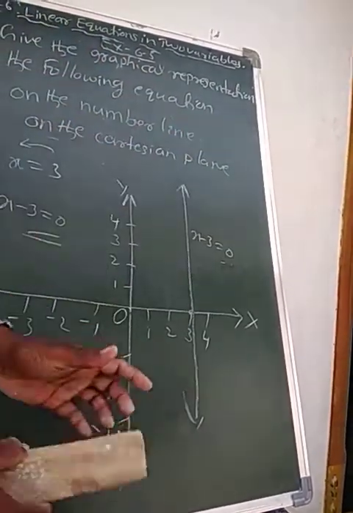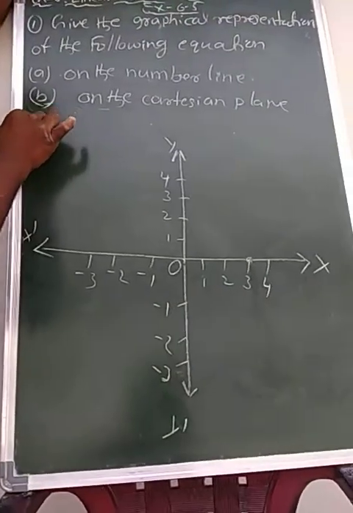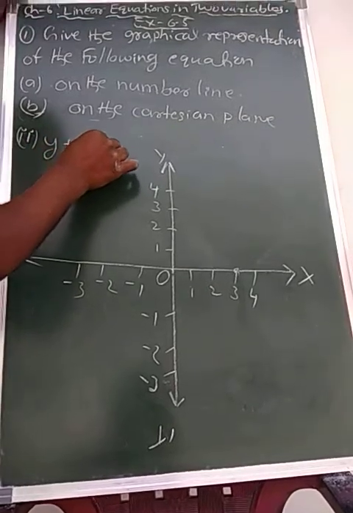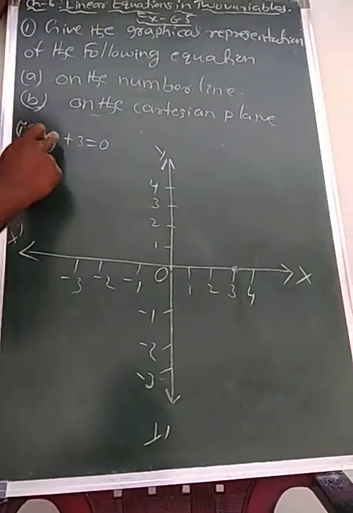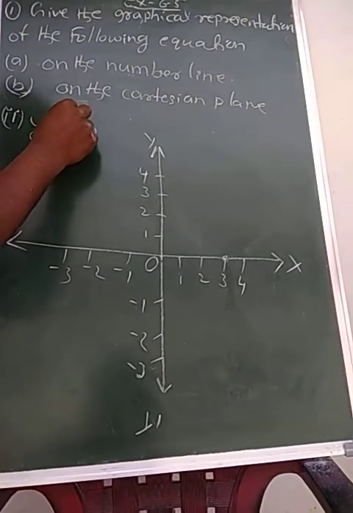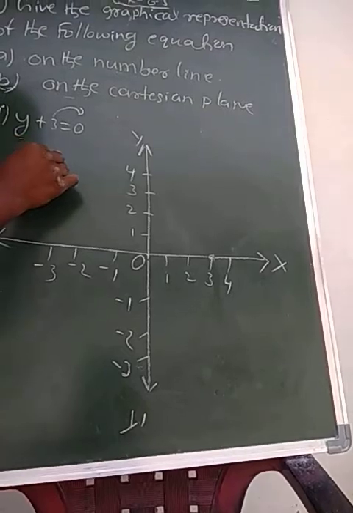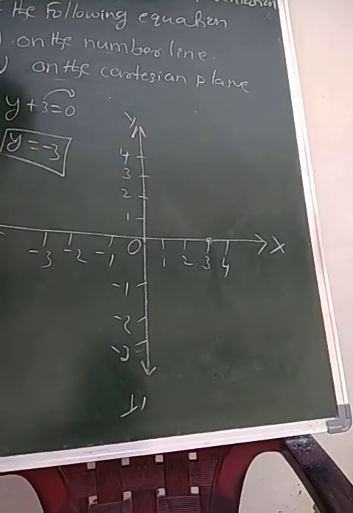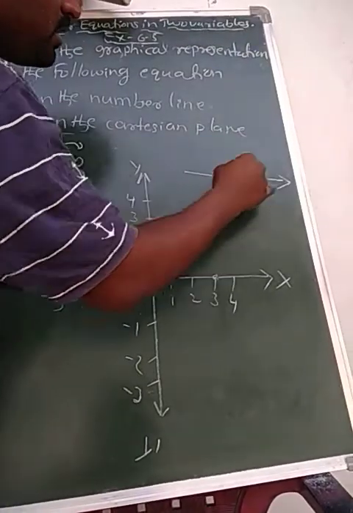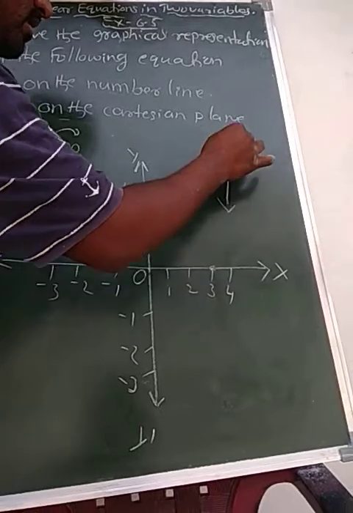Okay, now see the second question. Given y plus 3 is equals to 0. y plus 3 is equals to what? 0. So simply what I am doing here, transposing 3 to the RHS, then y is equals to minus 3 will come. So simply you draw a y number line like this.